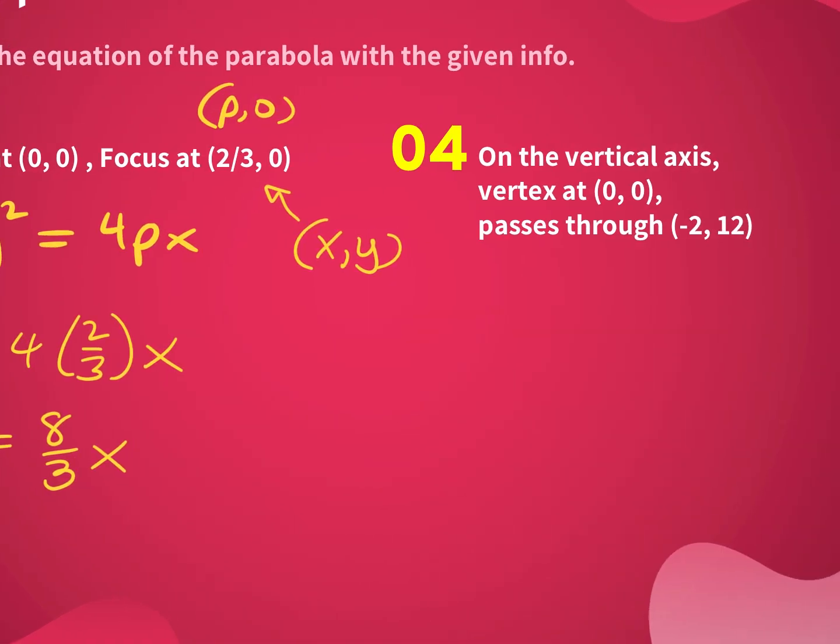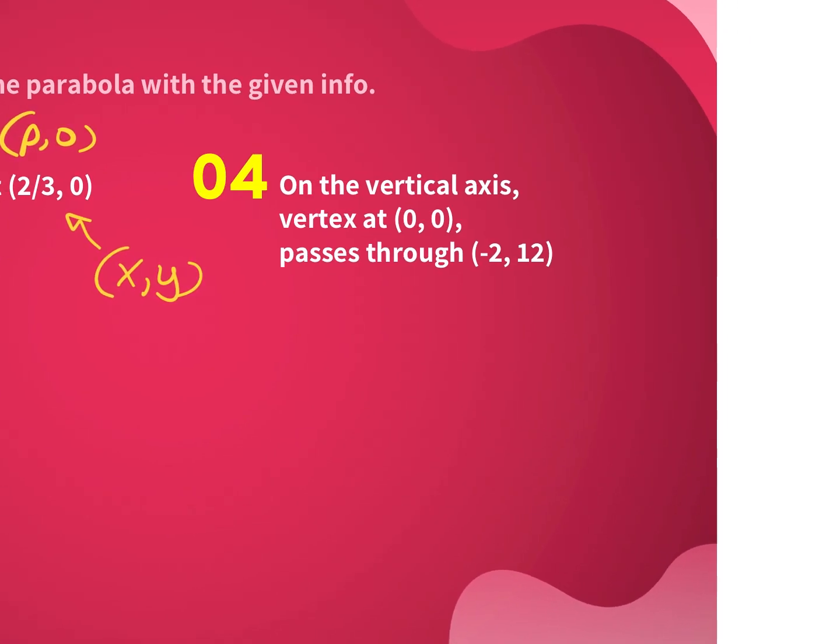So number 4. Now, this one's a little different. This time they didn't give us a focus, but they gave us an order pair that's sitting on the parabola. So I'm going to go ahead and draw this out. X and Y axis, vertex, but they gave us the order pair 2, 12.